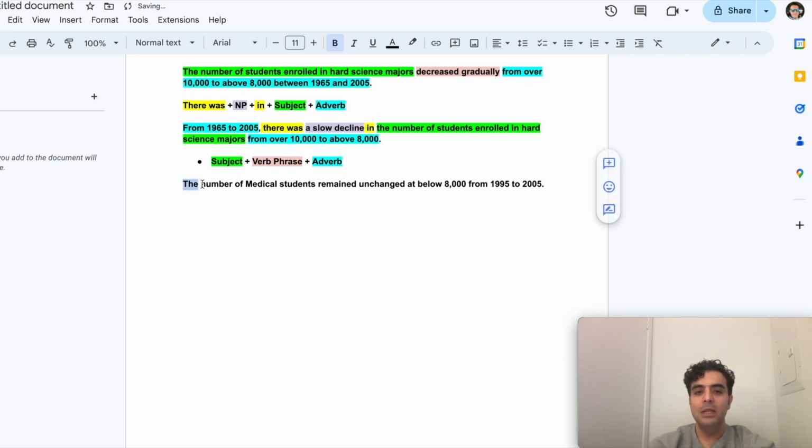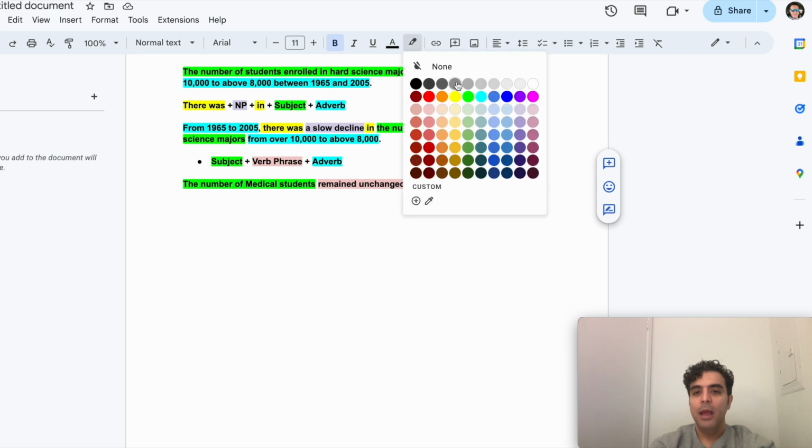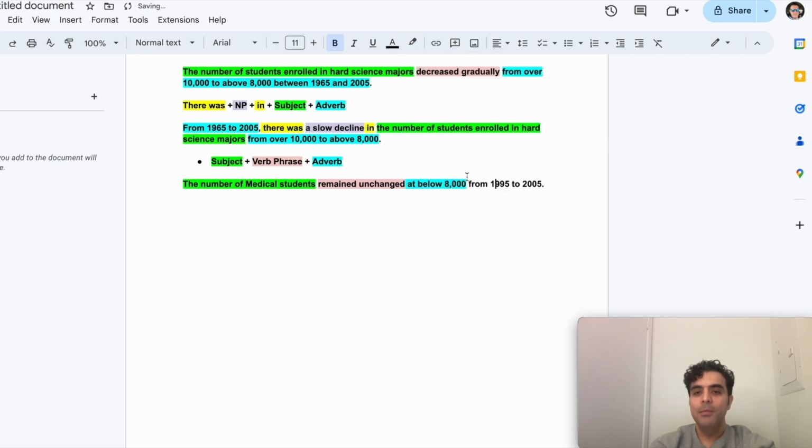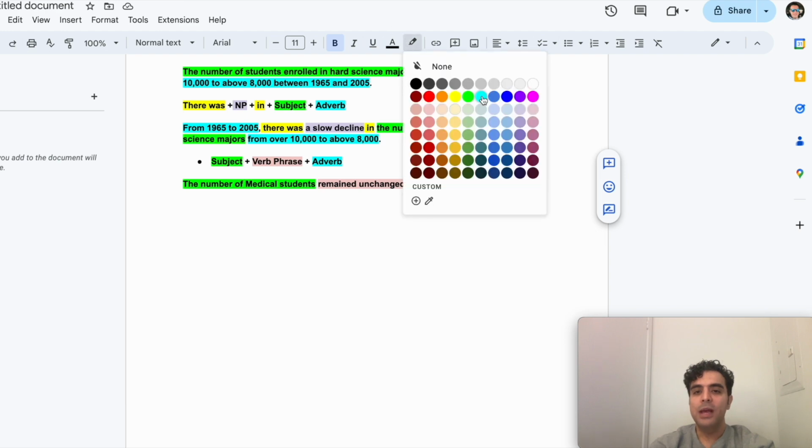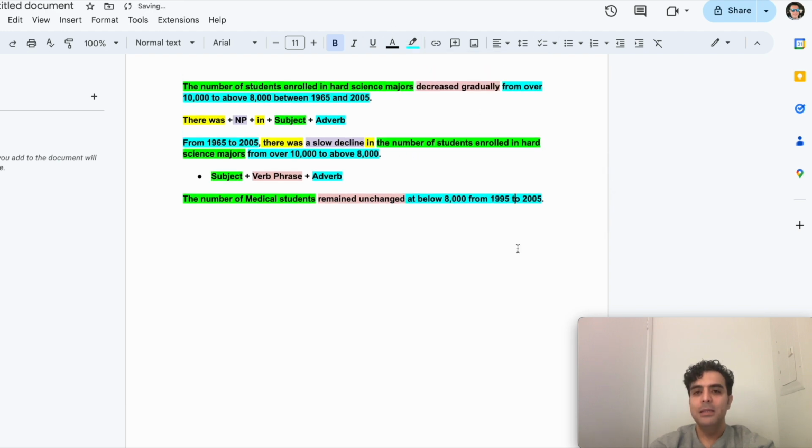So if we color code this, the number of medical students is the subject. Remained unchanged is the verb phrase, really. At below 8,000 is the first part of our adverb, reflecting the quantity. And then from 1995 to 2005 is the second part of our adverb corresponding to the time period, right?